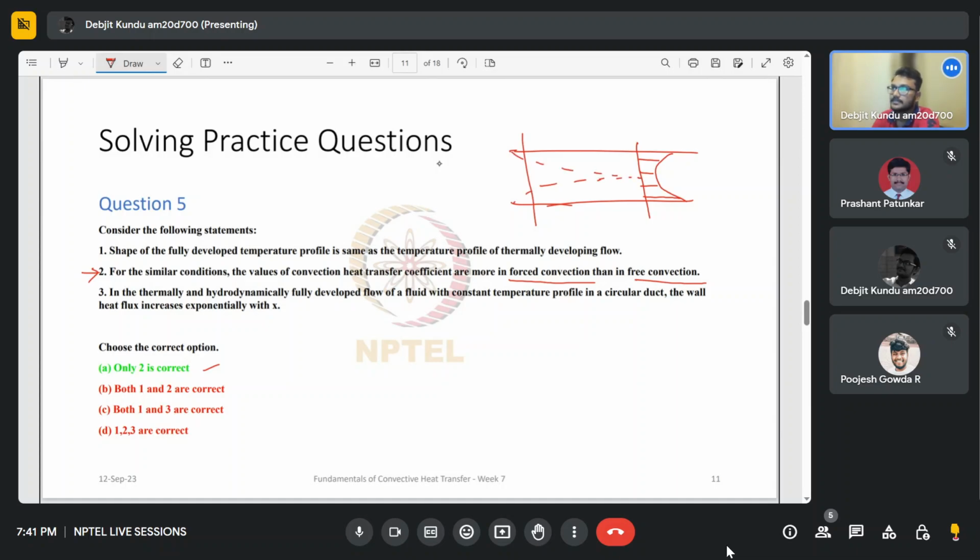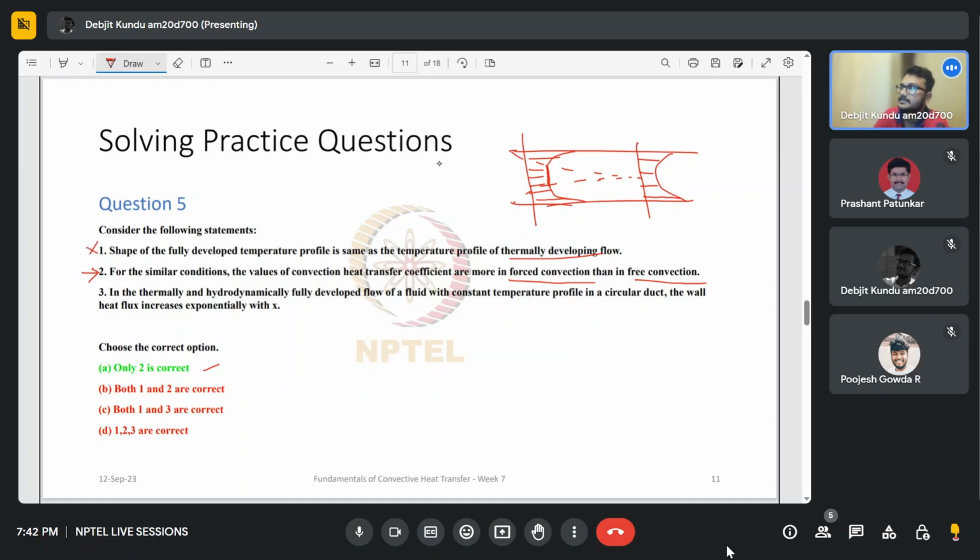So in this case, there will be a flat part over here where the thermal development hasn't reached yet, and within the boundary layer it would be the same as the thermally developing flow. So the shapes won't be exactly the same. There will be a flat part in between for a developing flow, and so that's why this one is incorrect.